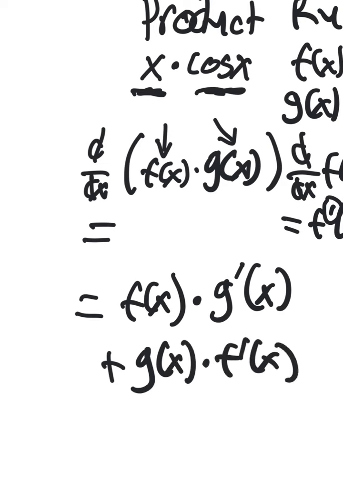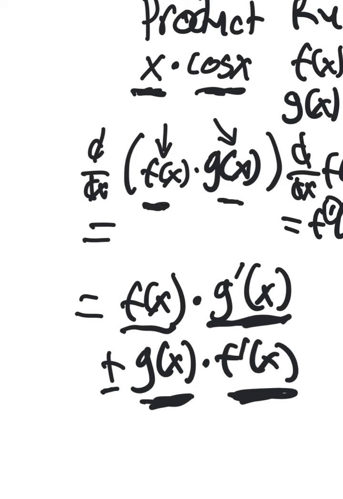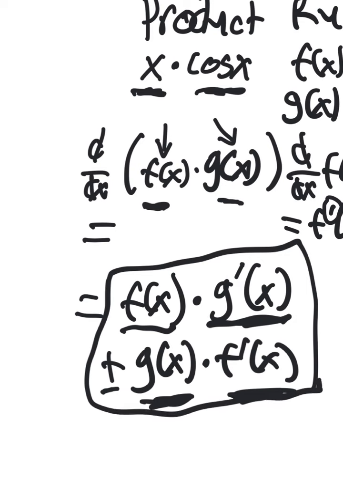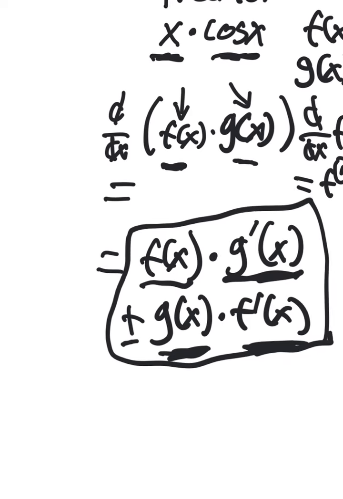So look, left d right plus right d left, because g of x is the one on the right, f of x is the one on the left. All right, so this is something that you just have to internalize. You multiply the derivative by the other function, and then you add the same thing but where you flip them.